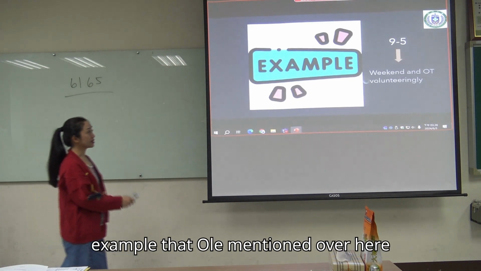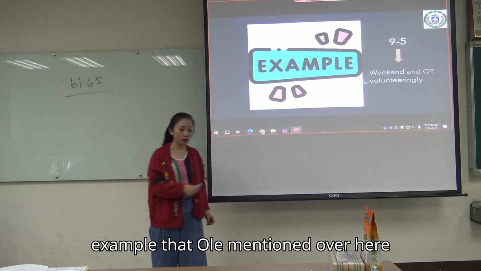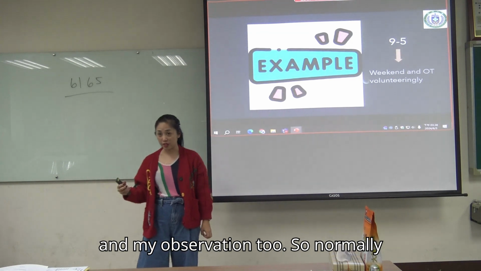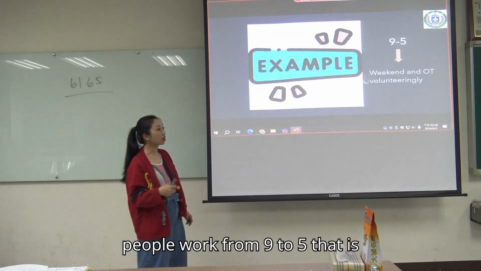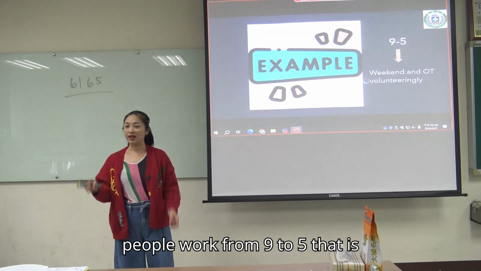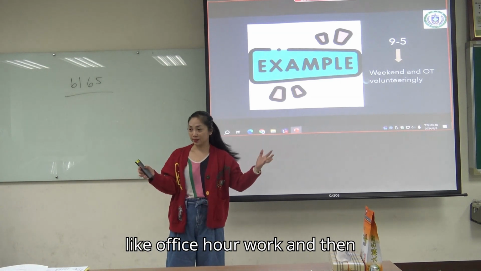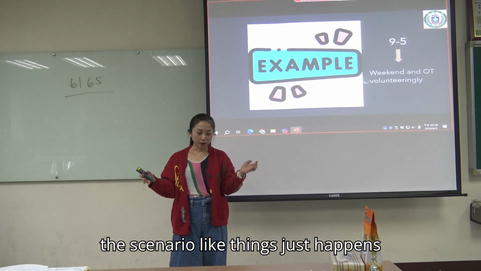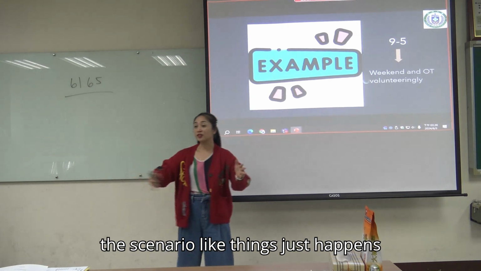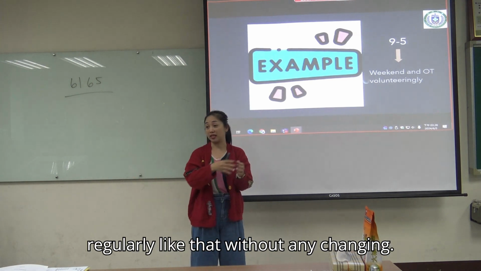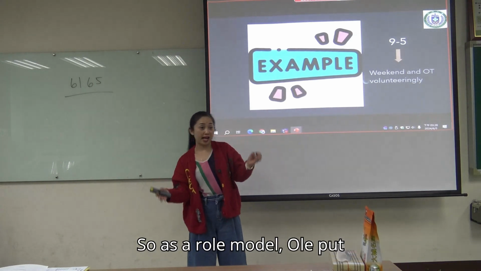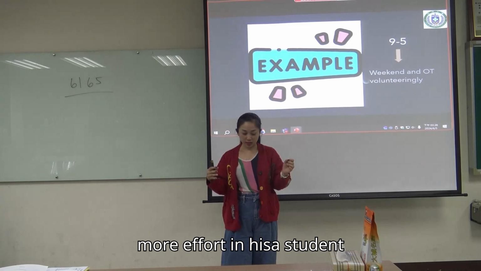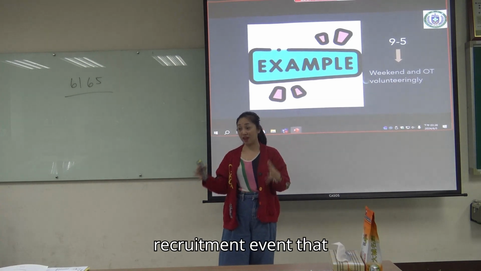So this is an example that Ole mentioned over here, and this is also what I see from my own observation. Normally people work from 9 to 5. That is office hour work, and everybody can do the same thing. So things just happen regularly like that without any change. So as a role model, Ole put more effort into his student recruitment event.